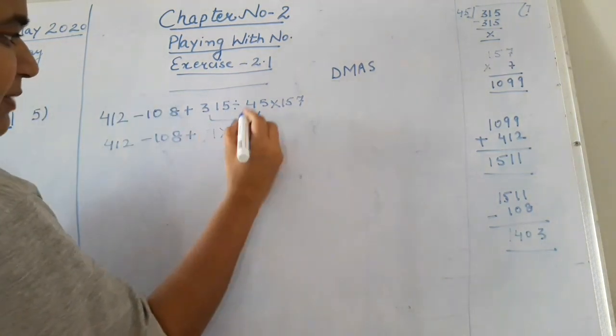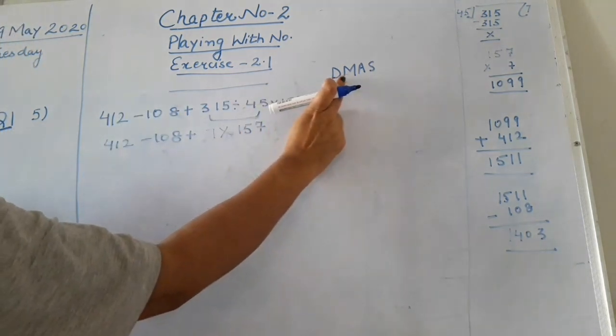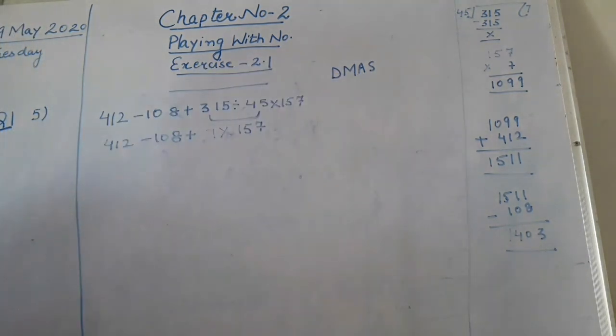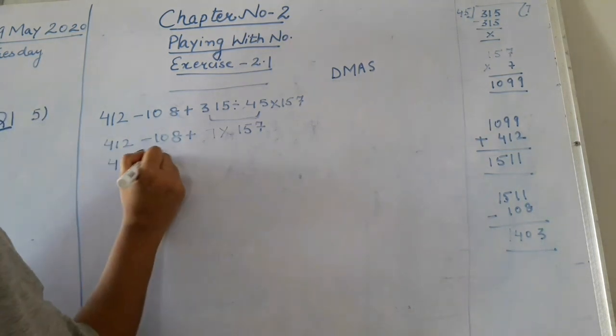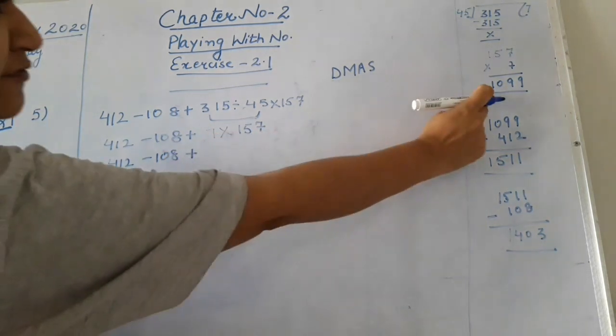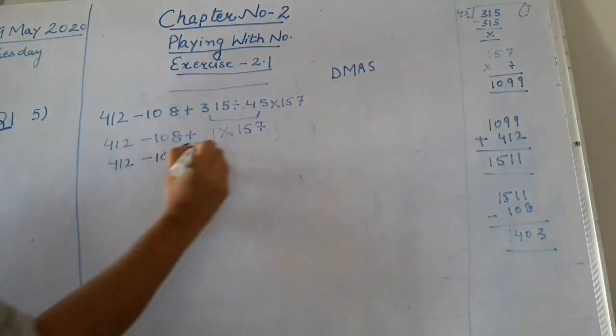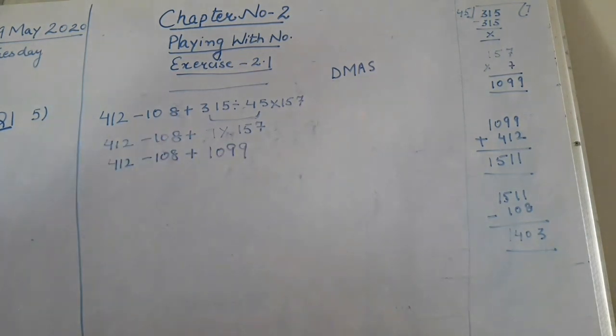So 7 multiplied by 157. Now what next after division? I will do multiplication, right? Other terms as they are, 7 multiplied by 157, I got 1099. Got it?